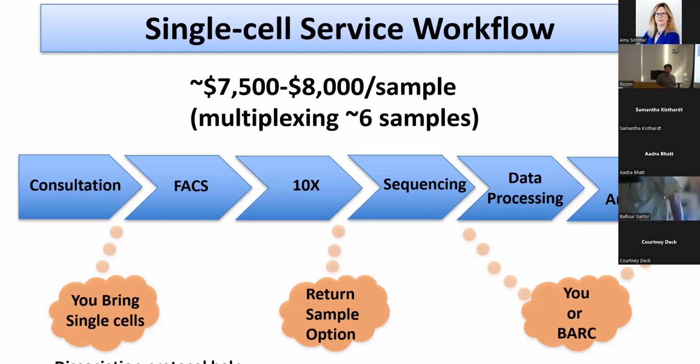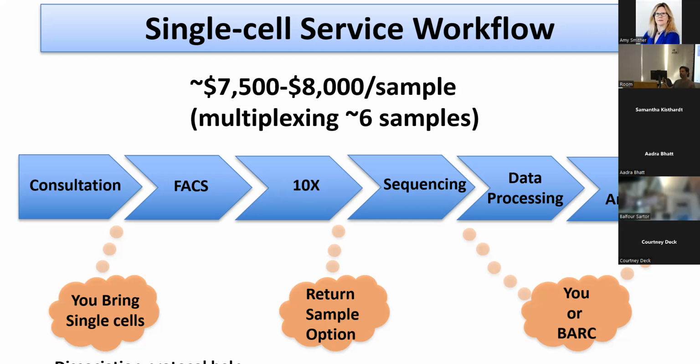Now, what we've done in the core is we've piloted this. We got a grant from the CFAC here at UNC to develop a multiplexing approach that decreases that cost per sample by a lot. Essentially this is a cell hashing process where we take antibodies. We can take up to 6 different antibodies and apply them to 6 different samples.